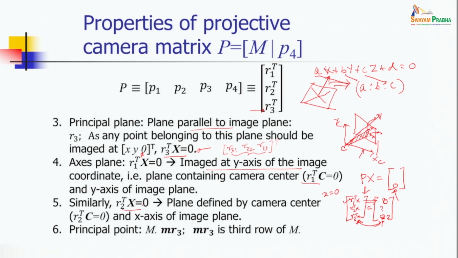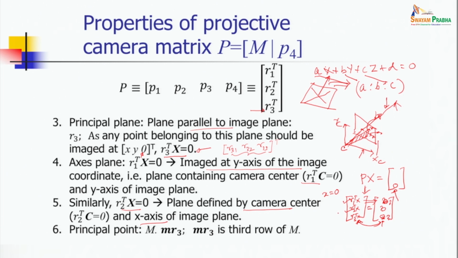Similarly, R2 transpose X equals 0 will give the plane defined by the camera center and the X axis. And the principal point, which is the point of intersection between the image plane and the principal axis, is the image of a point at infinity along this axis. So this is the vanishing point of this z axis.